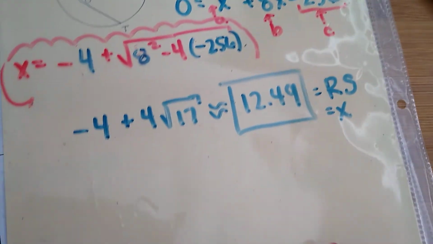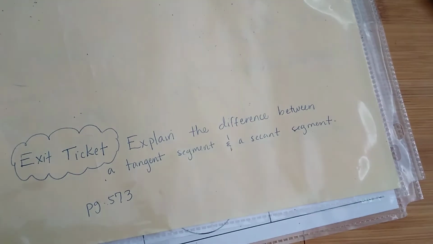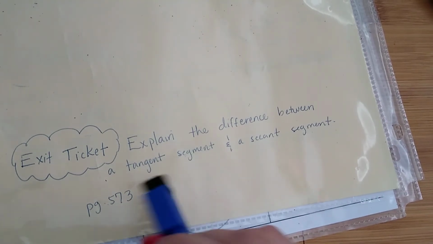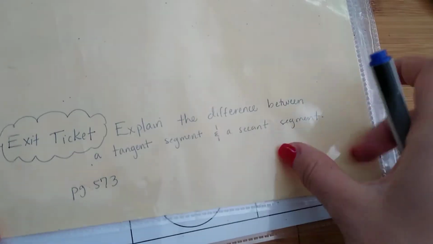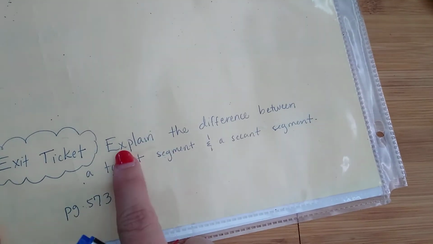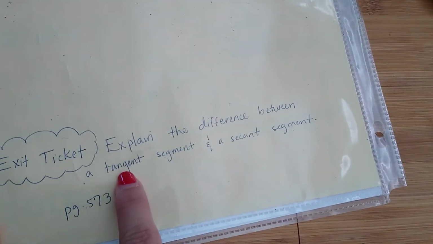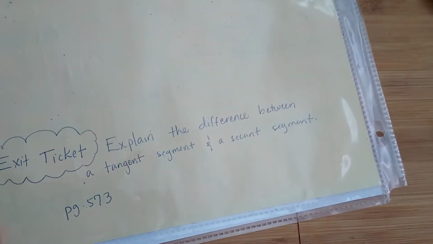Alright guys, so the last thing that I wanted to do was end with an exit ticket or a food for thought. With everything that we've learned so far, all the different theorems and the different properties and formulas, I want you to explain the difference between a tangent segment and a secant segment.